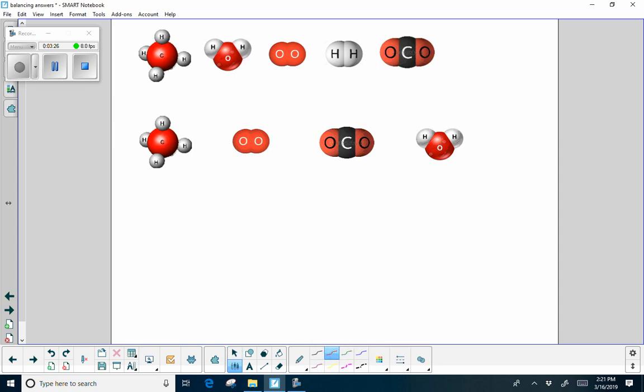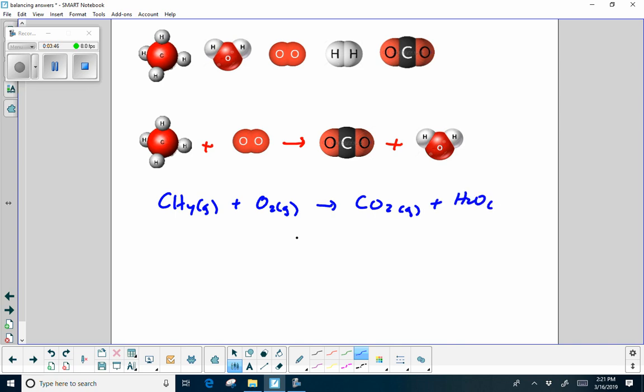So we're going to write down a chemical equation for this. Again, I'm going to have my methane, it's a gas, and I'm going to have my oxygen molecule, also a gas, carbon dioxide, also a gas, and water vapor as well.